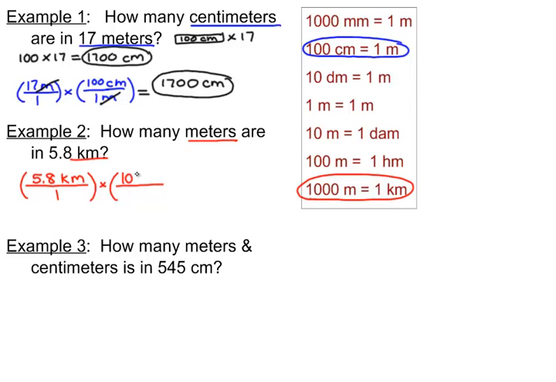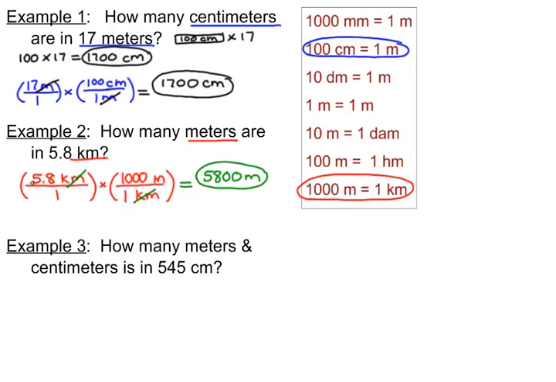So I'm going to write my ratio of 1,000 meters in 1 kilometer. I have to have the kilometers on the bottom because remember I can cross cancel. Top times the top: 5.8 times 1,000 is 5,800 meters, and 1 on the bottom.